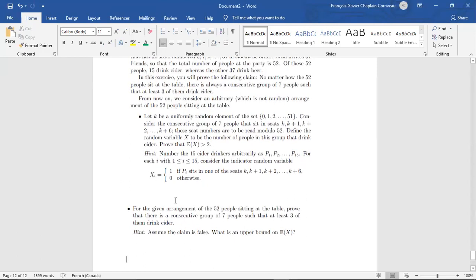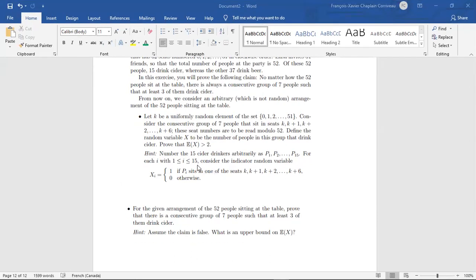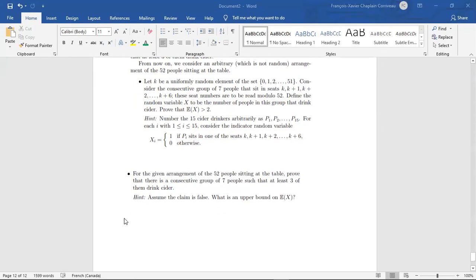Okay, so what do we have here? Well, it tells us what the indicator variables are going to be. So we barely have any work to do, to be honest. So here, x is equal to what?